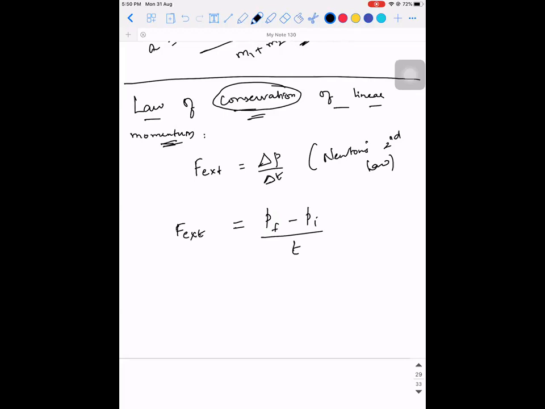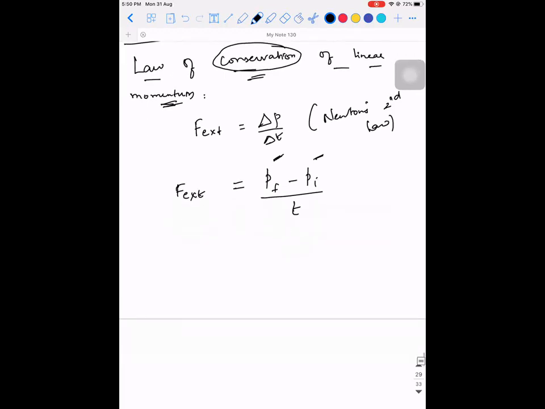Now tell me guys, if P final, that is the linear momentum final, is equal to the linear momentum initial, what will happen to the external force? Mathematically it should become 0. Zero external force.